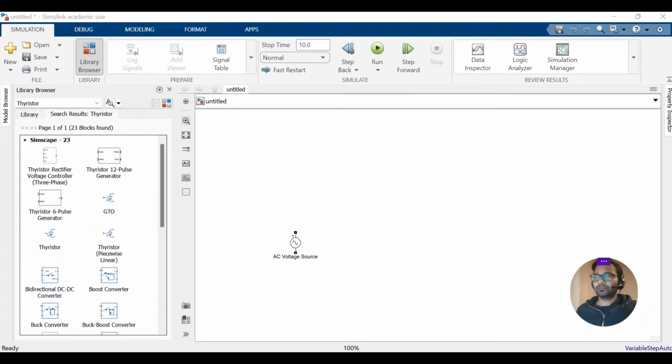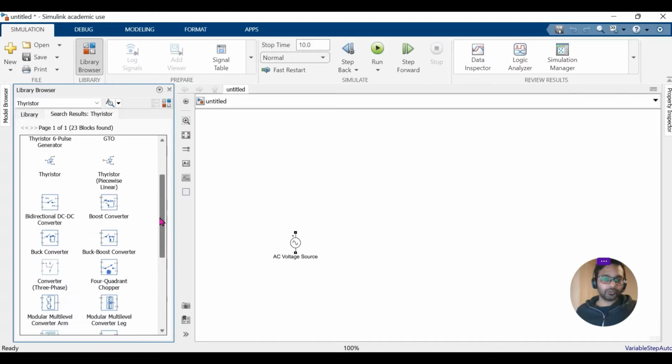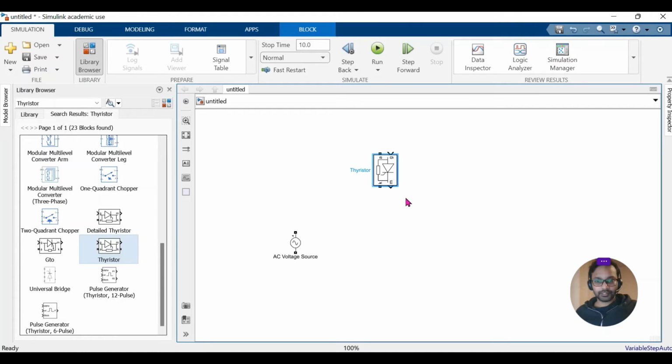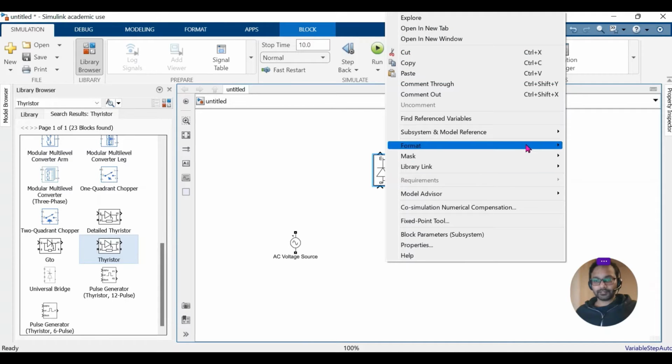So let's look for the thyristor. Usually it is at the bottom. Now I will need 4 of them. So I'm going to rotate it and arrange it in a certain way so that I can connect all the other thyristors.